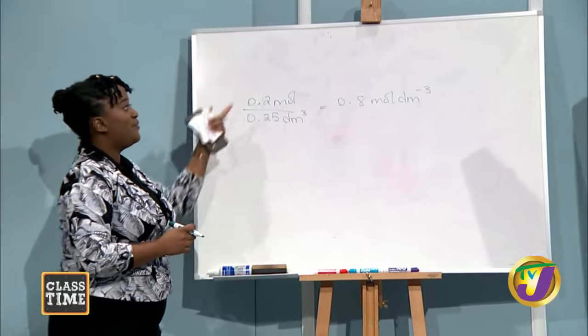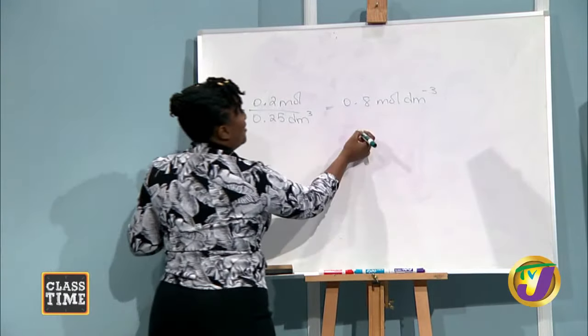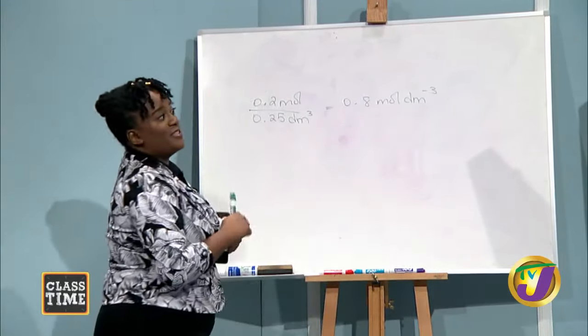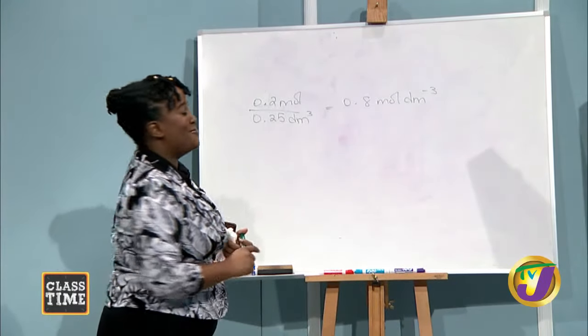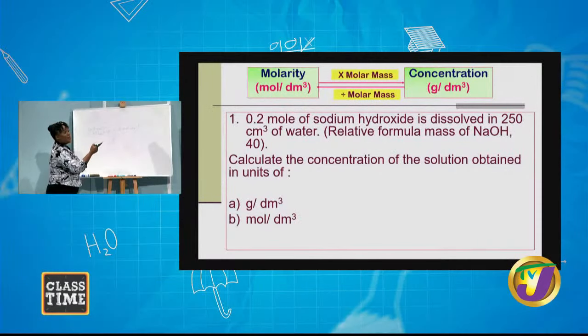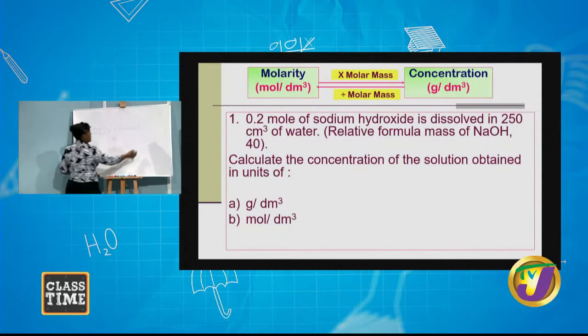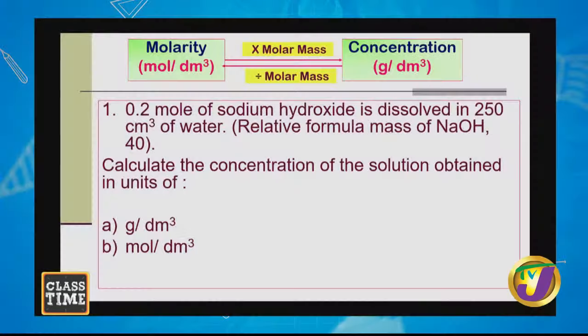So how do we convert from this to gram per dm cube? According to the top, we move from mole per dm cube to gram per dm cube. We multiply by molar mass. And it's given in the question. The molar mass for sodium hydroxide is 40. So we multiply this by 40. And what's the unit? It's gram per mole. So mole will cancel per mole.